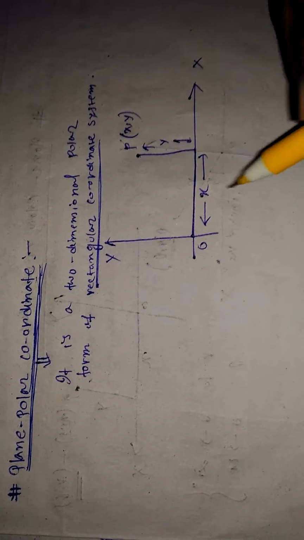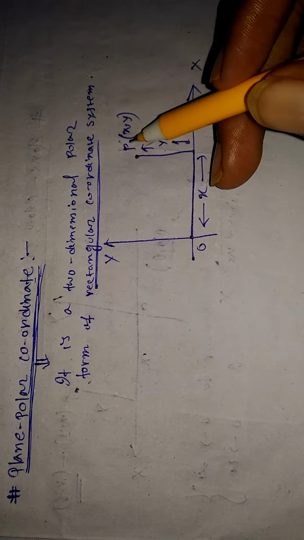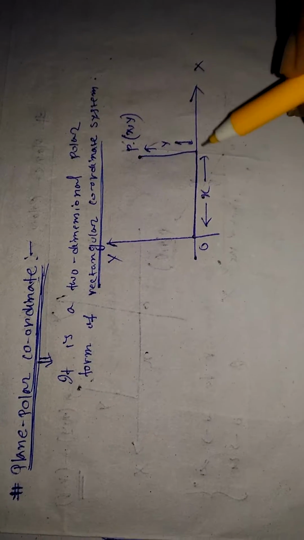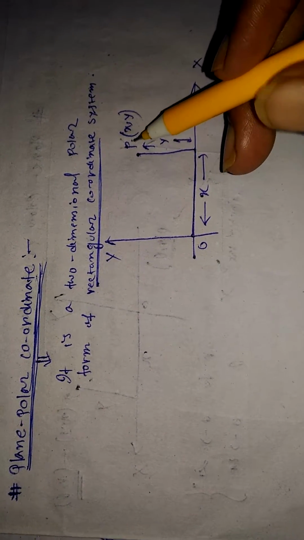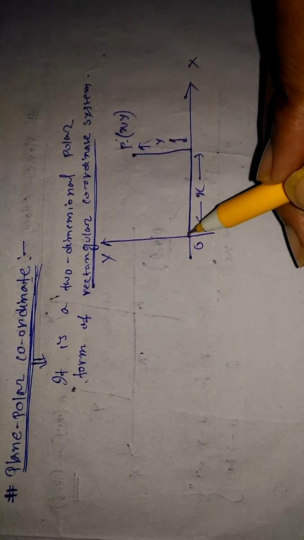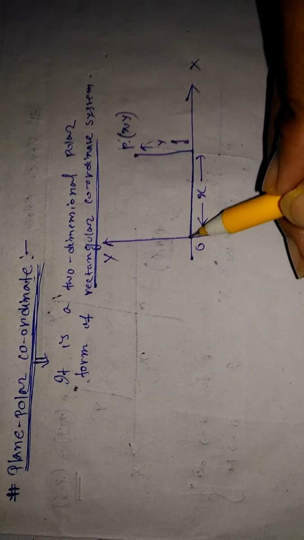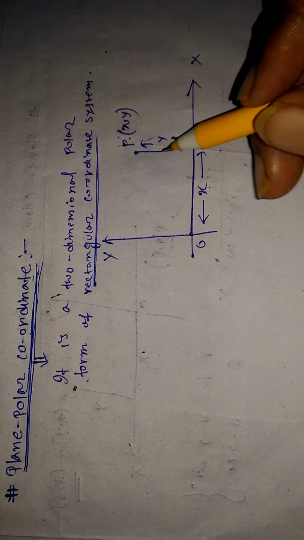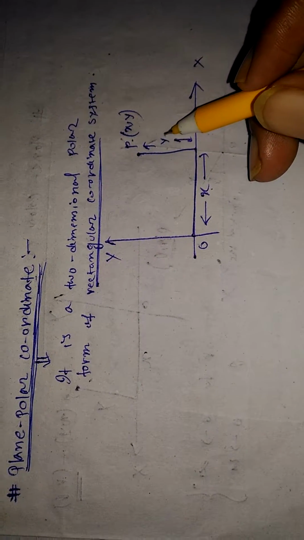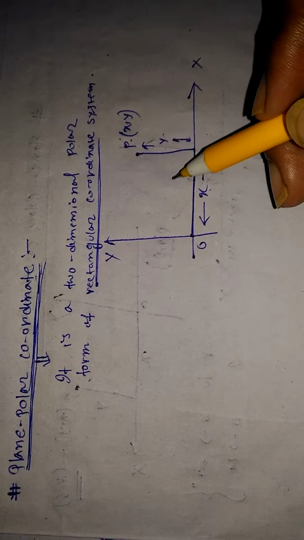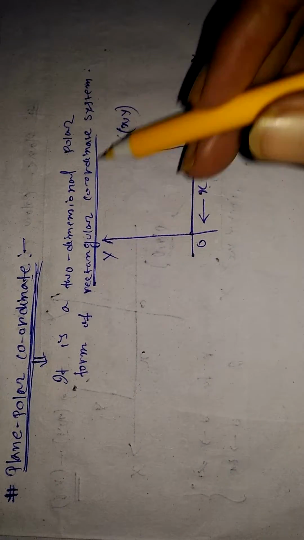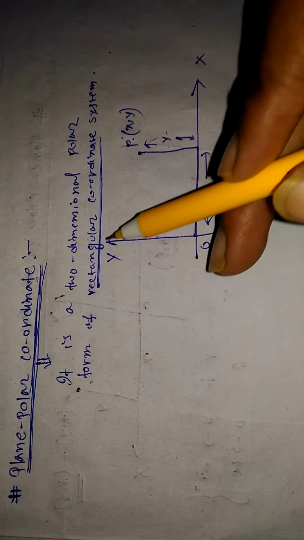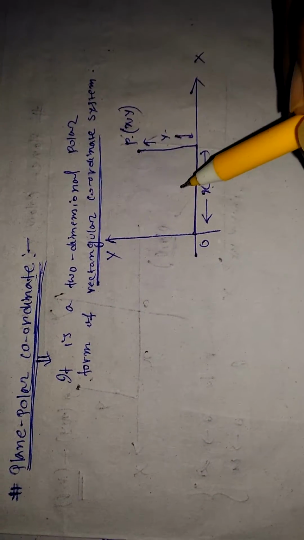So you can say that if we want to reach the point P in a rectangular Cartesian coordinate system, then we have to start from point O and go along the x-axis a distance x and then along the y-axis a distance y, and we will reach the point P. So this is our picture of the rectangular coordinate system.